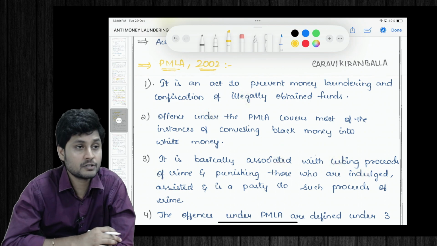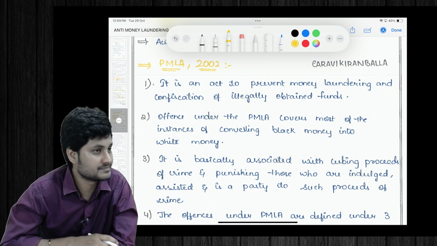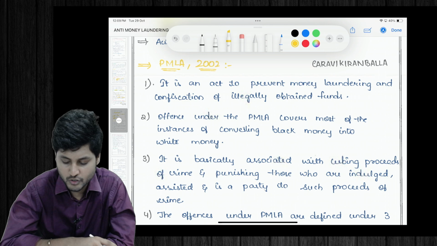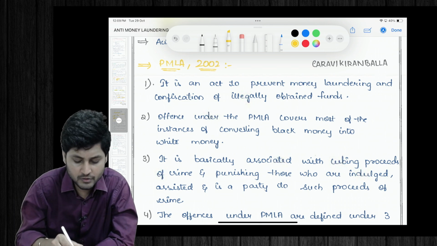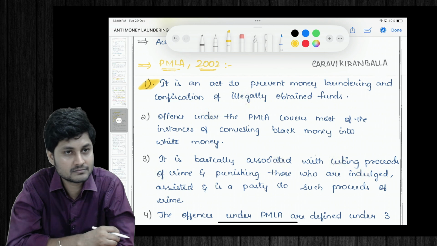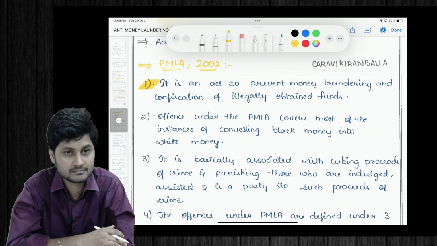Point number 1. We are now into the provisions of PMLA, which are applicable in India. Slowly we will try to complete. It is an act to prevent money laundering and confiscation of illegally obtained funds. There is nothing to explain in the first point.